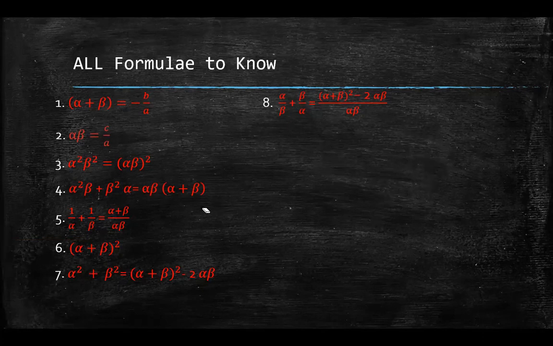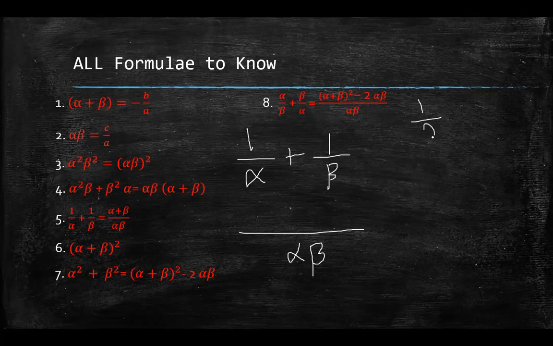The next one they could ask you for is 1 over alpha plus 1 over beta. If I wanted to find the LCM of this fraction, what would the LCM be? Just like when you add fractions: alpha beta.